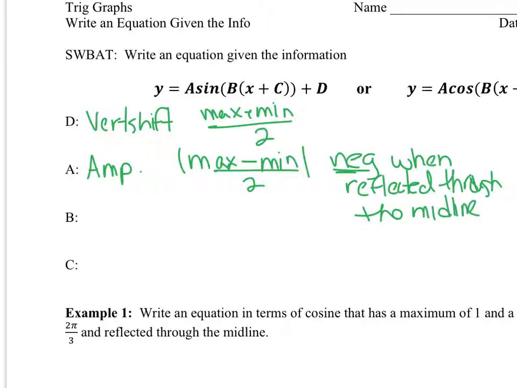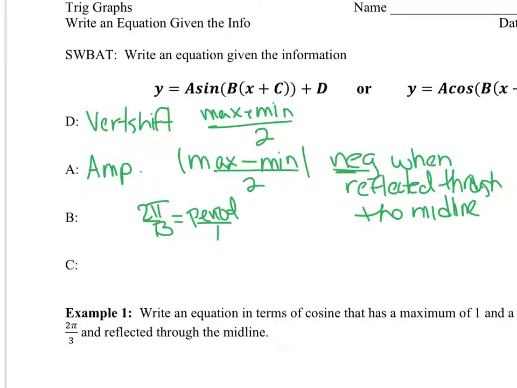B, the way that we find B, generally they're going to give us the period. We know how long it takes to make one complete cycle, and we have to figure out what B is. So we use the 2 pi over B formula and set it equal to the period, cross multiply and solve.